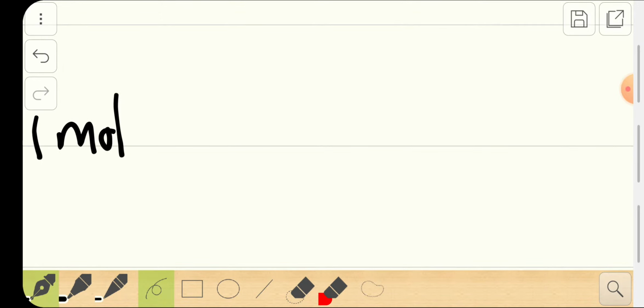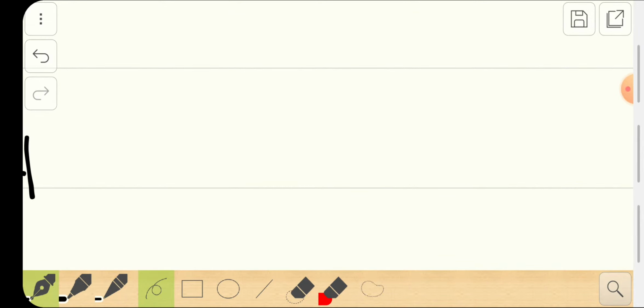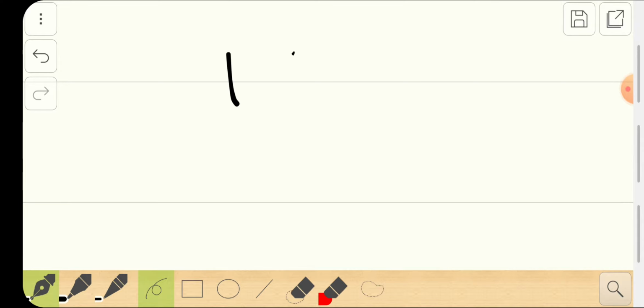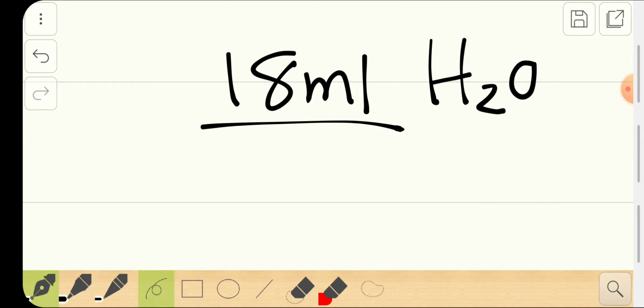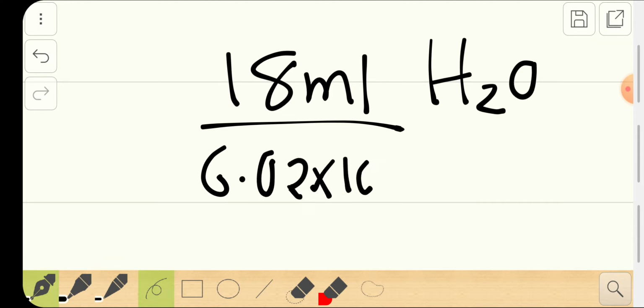Okay, so if you take 18 milliliters of H2O, that's one mole of H2O water. So you can divide it by some number, that's 6.02 times 10 to the power 23. In the last lecture I used 28, which was an error. Okay, I need to correct it right now.